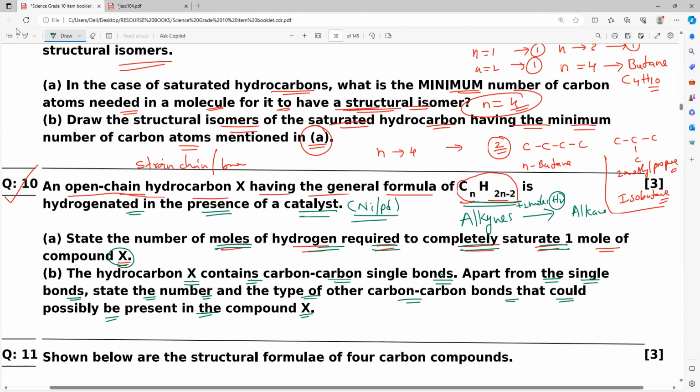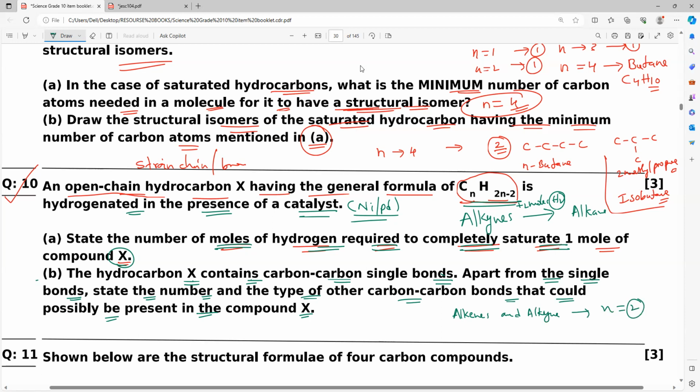Here, please all of you remember, you can write it first. CnH2n minus 2 means what is the general formula? N is equal to 1, N is equal to 2. Where does it start? Alkenes and alkynes are unsaturated, so it will start from alkynes, N is equal to 2.